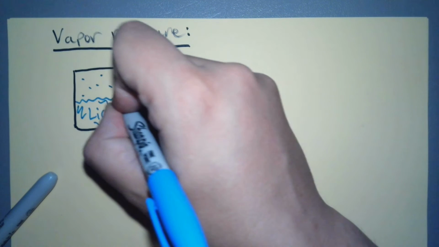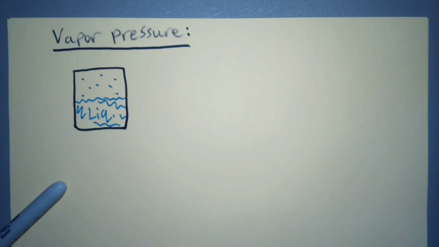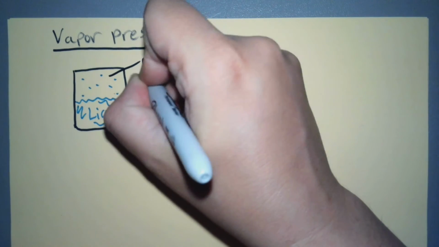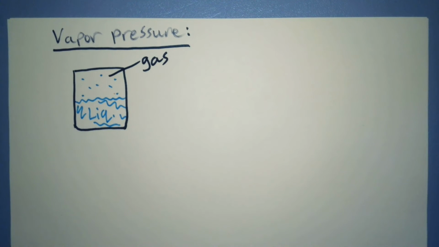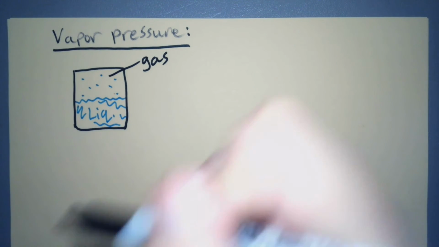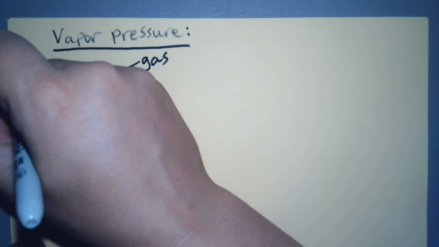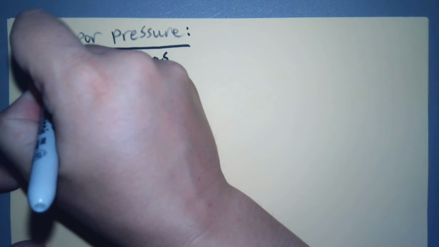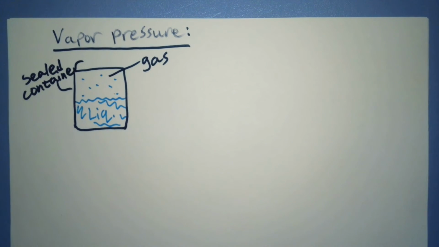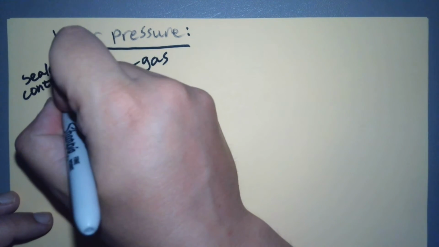Well, it's going to have some particles evaporate into the gas phase. So everything up here is gas. Now this is a sealed container. How do you know it's a sealed container? Because I'm writing sealed container right next to it, with a little arrow pointing to it.